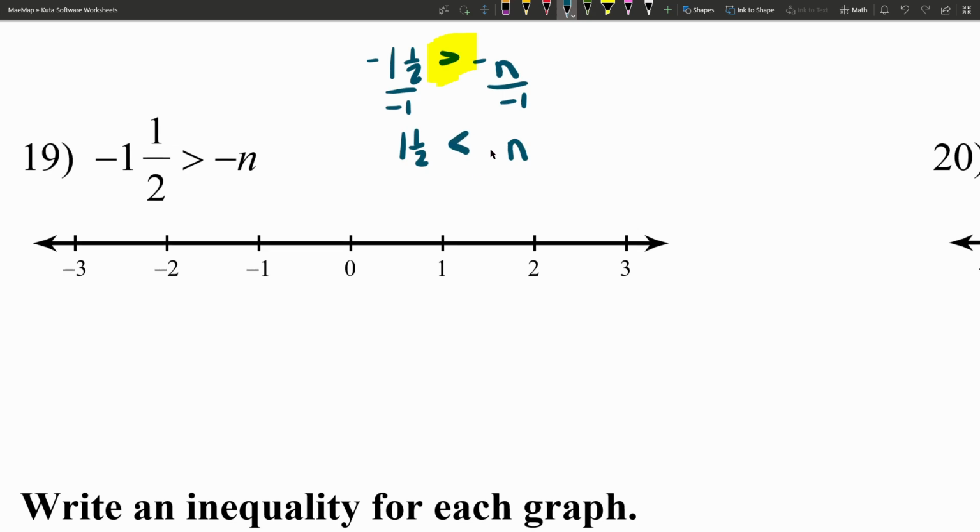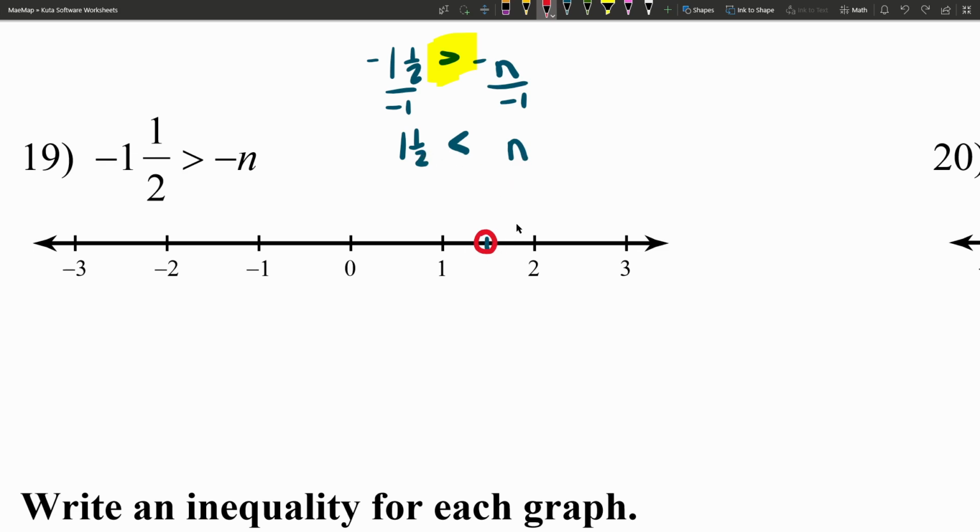So now I'm going to find 1 and 1/2 on my number line, which going a +1 and then another +1/2 is going to be right here. Here is approximately where 1 and 1/2 is. I'm going to circle it, and n is values that are larger than that. 1 and 1/2 is less than n.